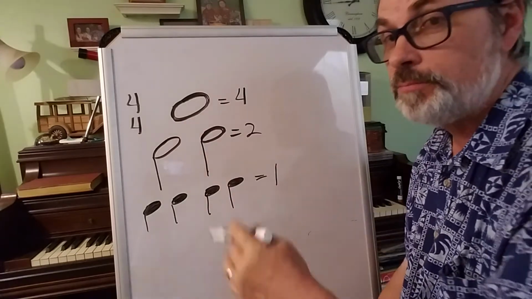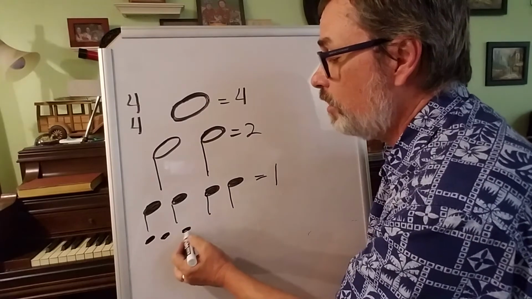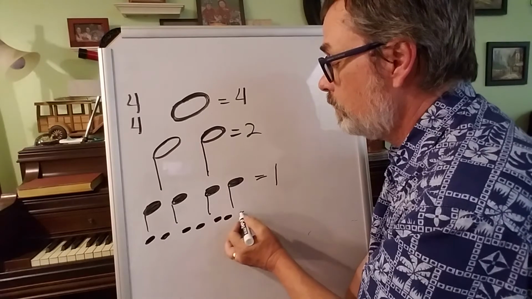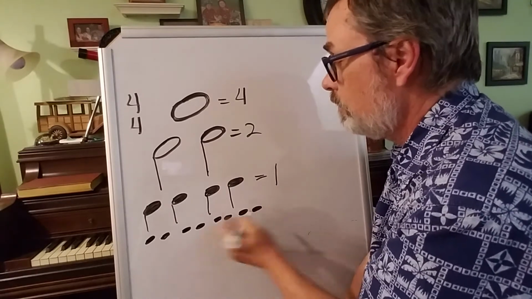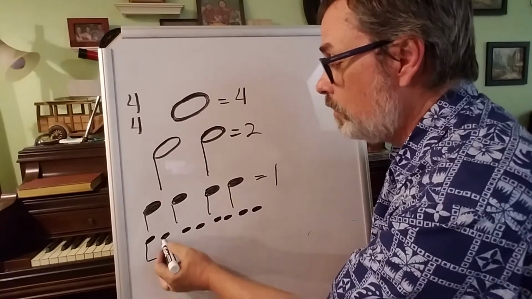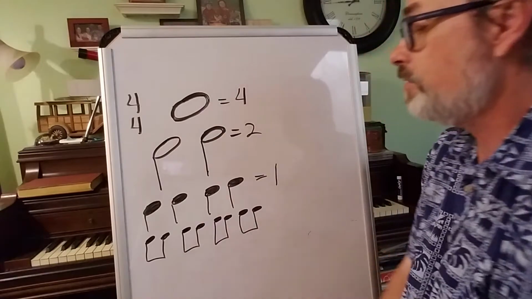Now, if we split our quarter notes in half, which you can do, you notice everything's kind of getting smaller too. So what's 4 times 2? 8, right? Usually eighth notes are connected, not always. Sometimes you'll get a single eighth note.